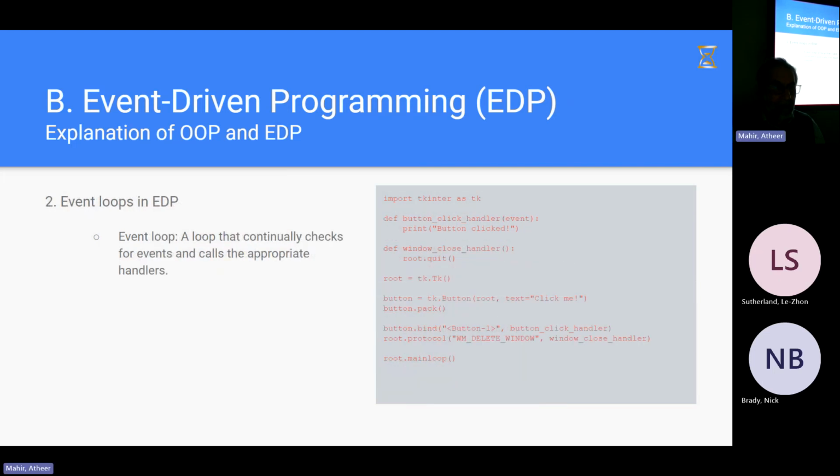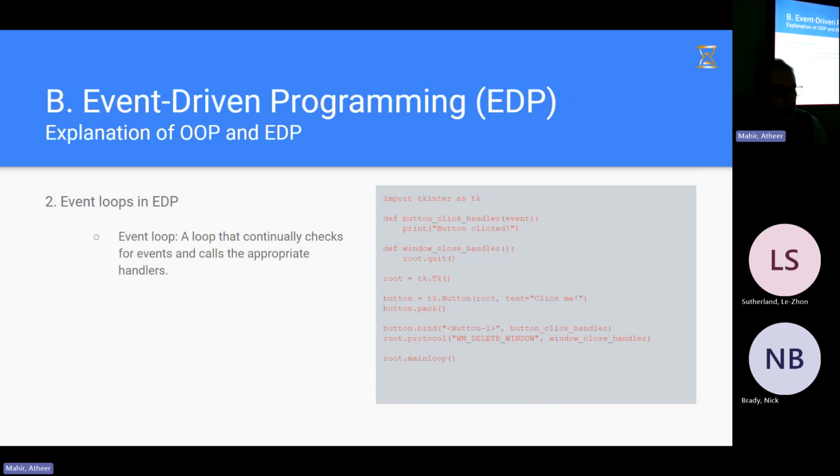Event loops in object-oriented programming: this is the loop that continuously checks for events and calls the appropriate handler. This is where you are in event-driven programming. They are always checking: is there any mouse click?